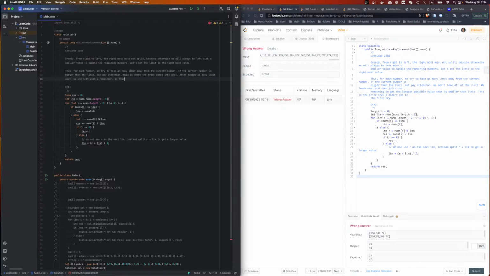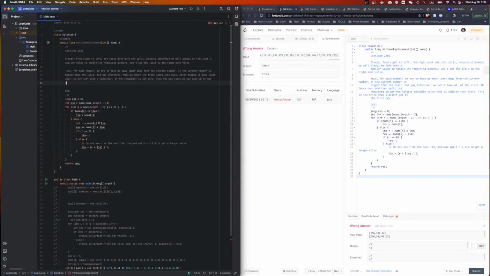If the remainder is not 0, then the max limit we can pass on to the next number is limit minus 1.